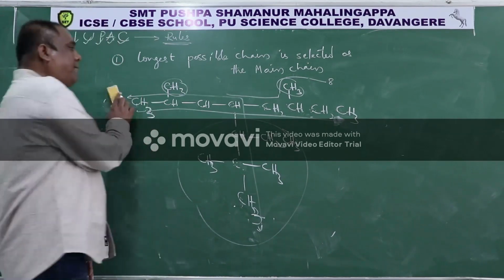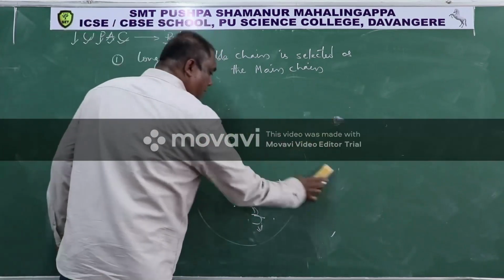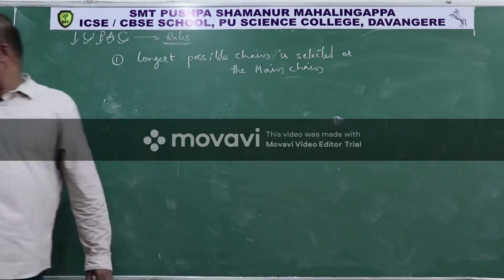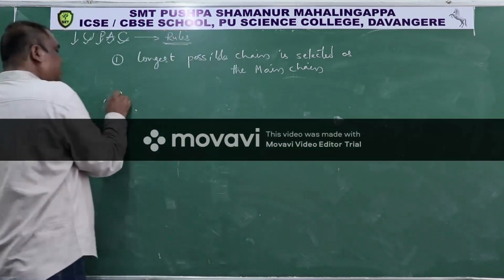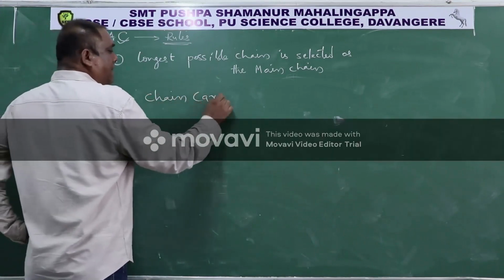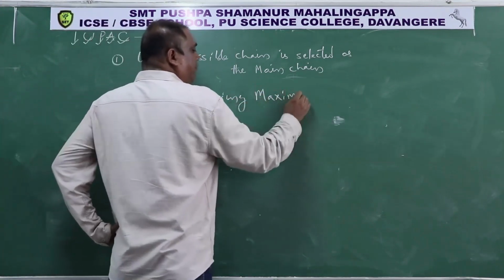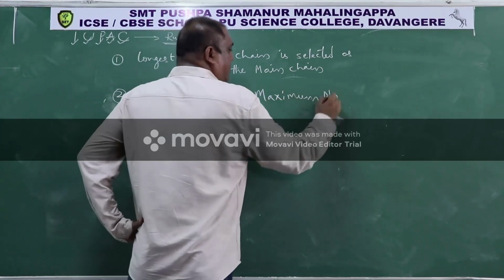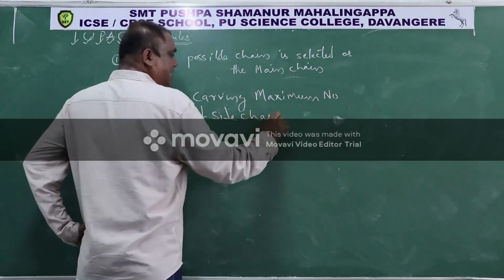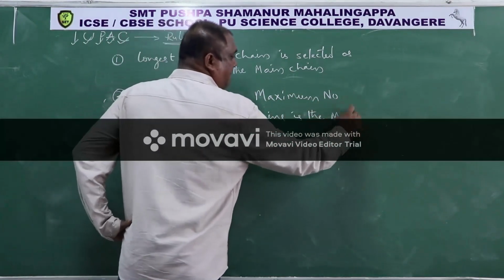So the second rule is: the chain carrying the maximum number of side chains is the main chain.